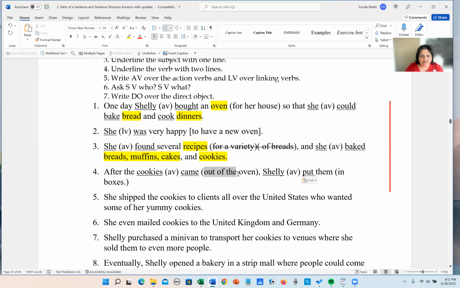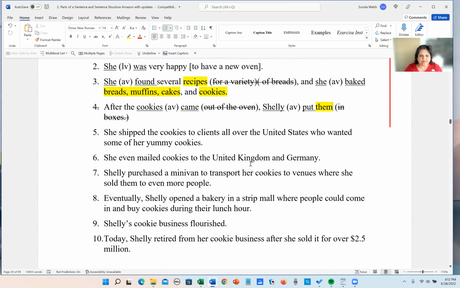We don't have anything here because out of the oven is a prepositional phrase, and we will not find a direct object inside of a prepositional phrase. And in boxes, we'll put a line through that. So we asked Shelley put who, and Shelley put what, and them is the direct object.